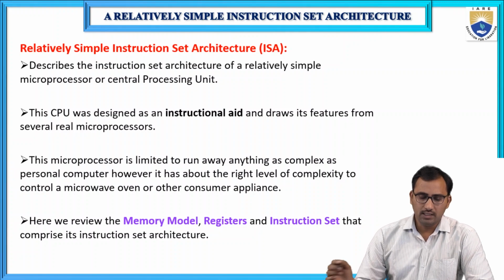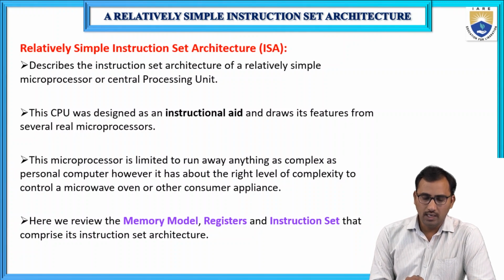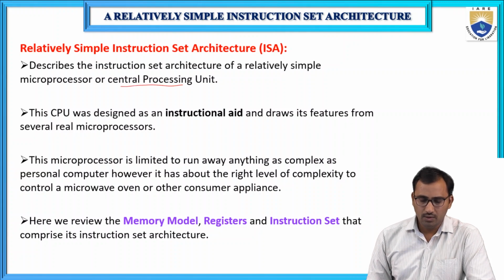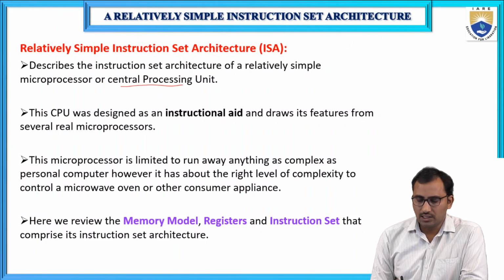This lecture describes the instruction set architecture of a relatively simple microprocessor, or central processing unit. This CPU was designed as an instructional aid and draws its features from several real microprocessors. The microprocessor is too limited to run anything as complex as a personal computer.